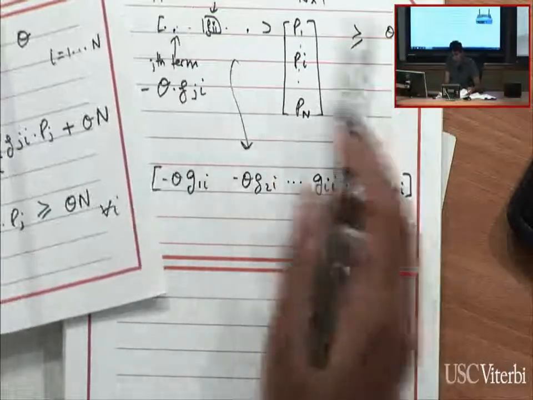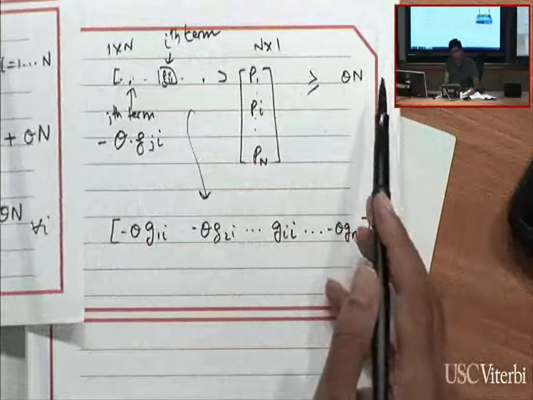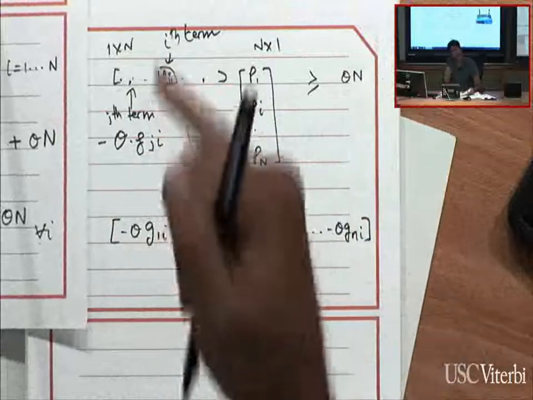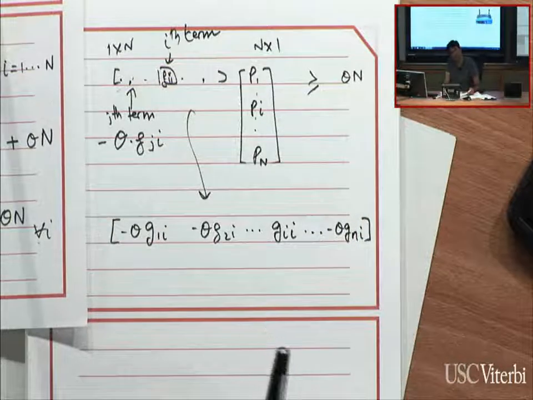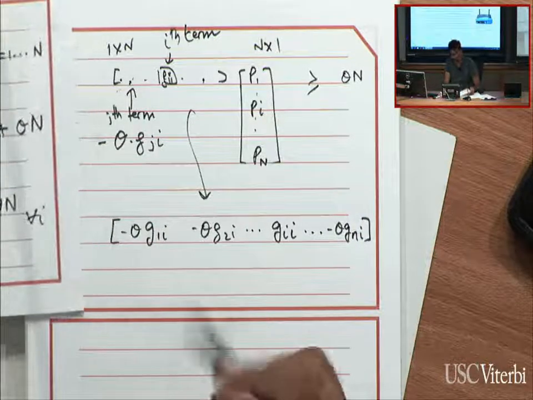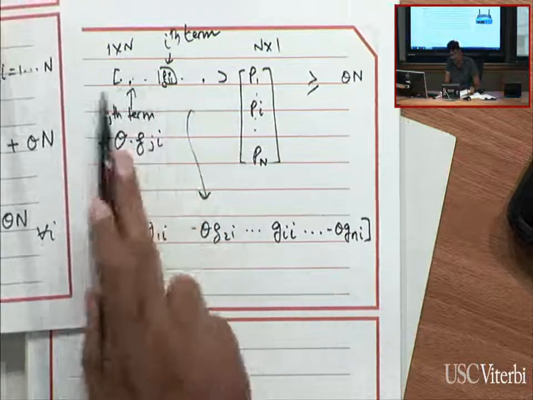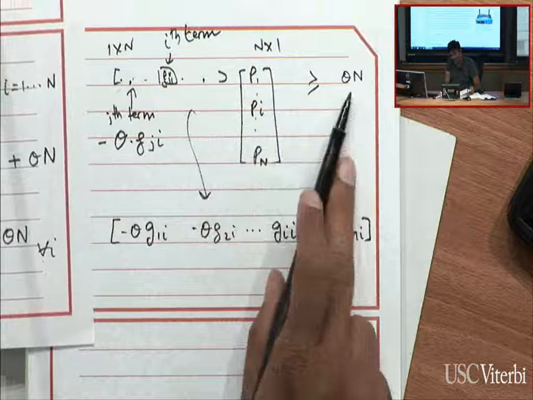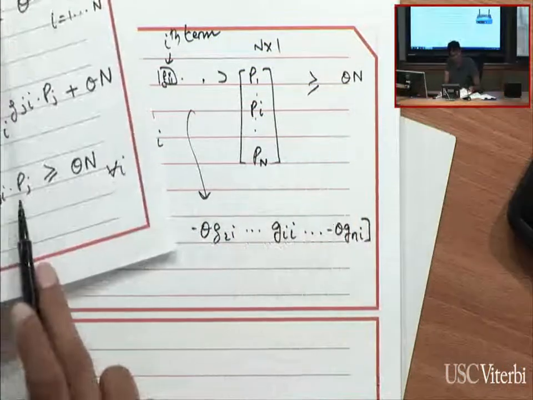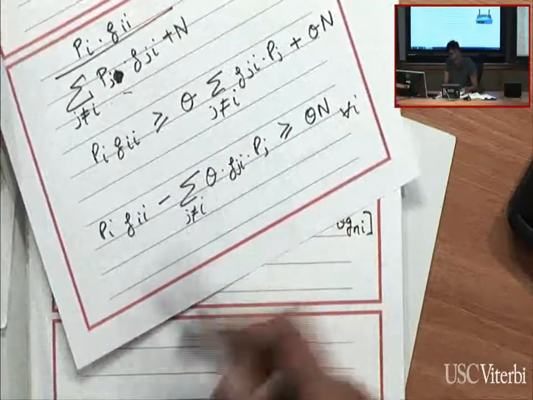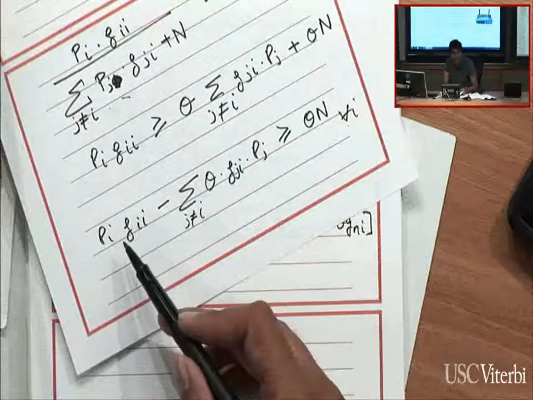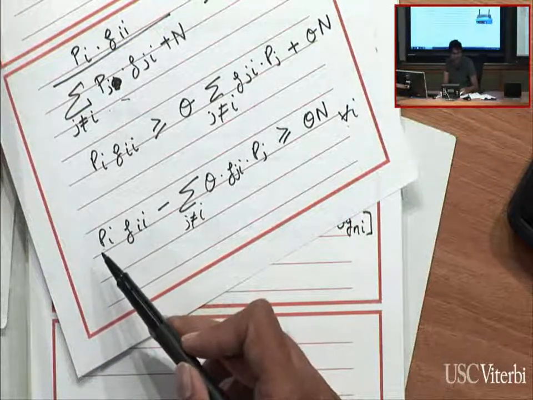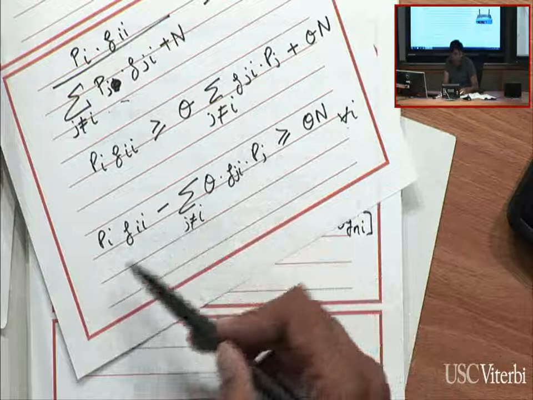So this is a description of what's happening for the ith equation. And I can stack up all of my n equations on top of each other. Every equation gives me a different vector of coefficients, and the right-hand side in every case will just be theta n. The thing they're all multiplying is the values from P1 through Pn.